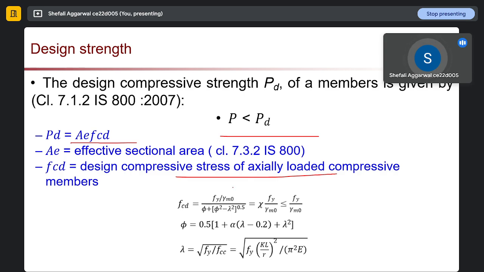FCD is given by the formula Fy upon gamma m0 into phi plus, divided by phi plus the square root of phi square minus lambda square, raised to power 0.4, and it should always be less than Fy upon gamma m0. Okay.